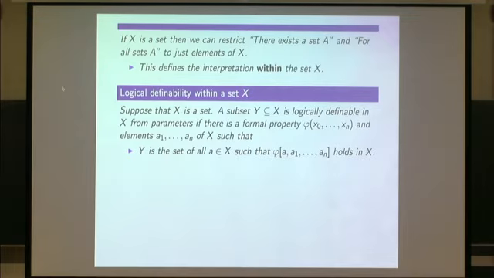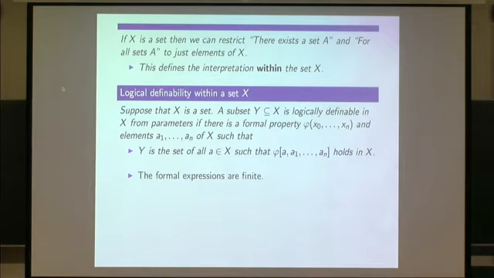A subset Y of that set is logically definable in X from parameters if there's a formal property and some parameters A1 up to AN of X, such that Y is the set of all A in X such that the property holds at A with the parameters A1 up to AN, but within X, where you restrict everything to X.